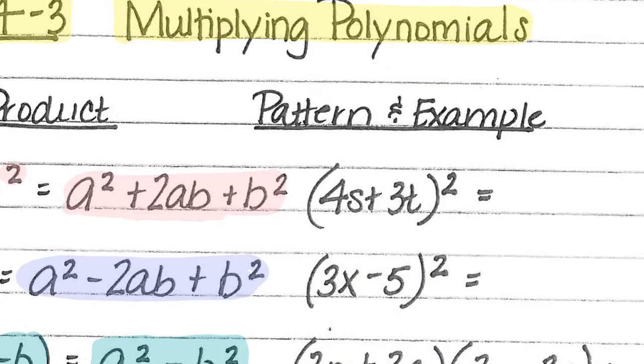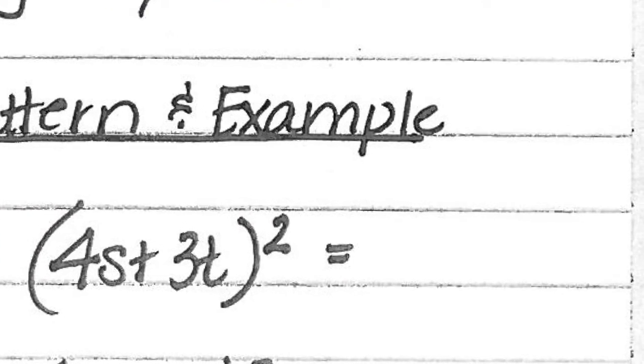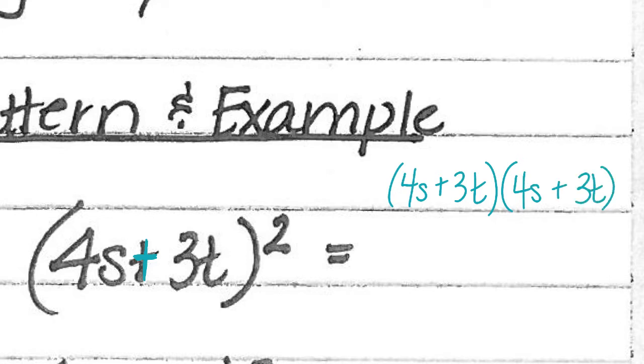So let's look at a few examples of these. This is a plus sign. My students always ask me. This is (4s plus 3t) squared. Remember that this is saying 4s plus 3t times itself. So first terms: 4s times 4s is 16s squared. Outer terms will be 12st.